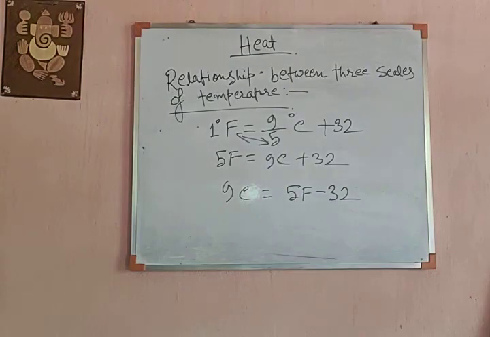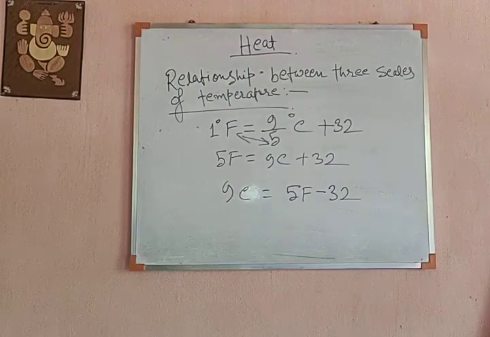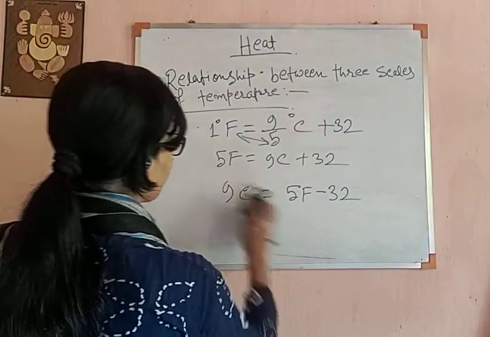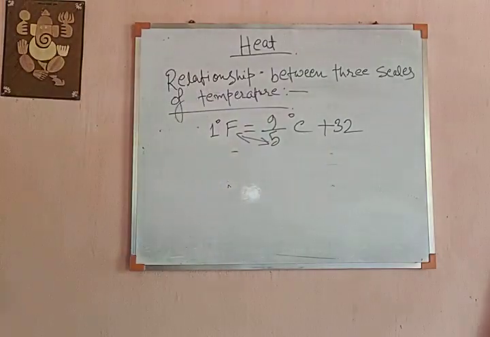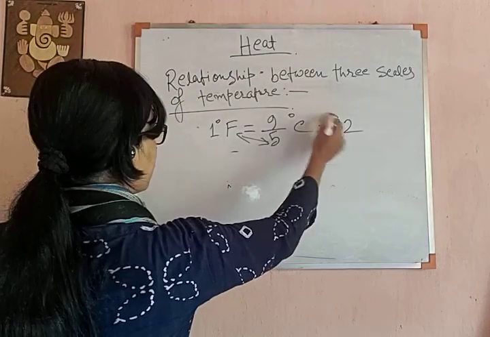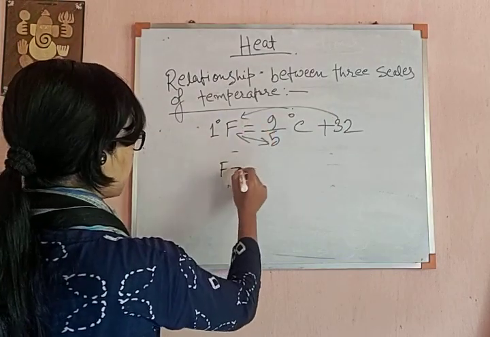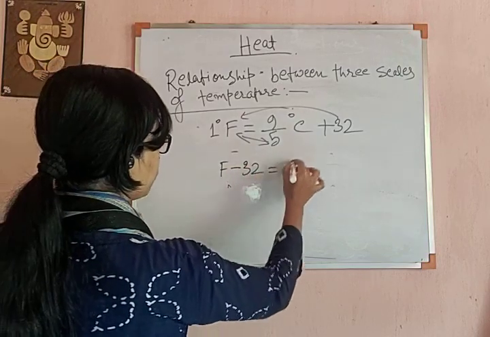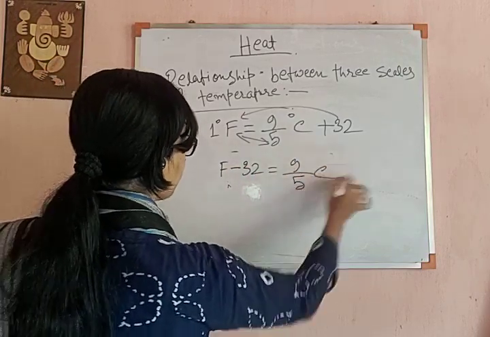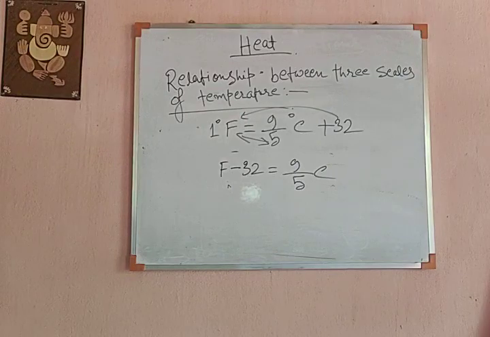Okay, 9C equal to 5F minus 32. It will be actually F minus 32 equal to 9 degrees Celsius. Put it here. F minus 32 equal to 9 by 5 into C. Now okay. F minus 32 equal to 9 by 5 into C.